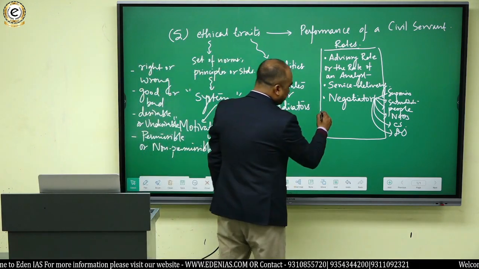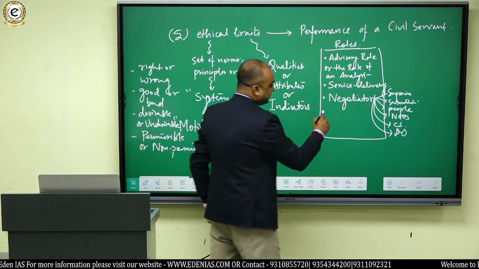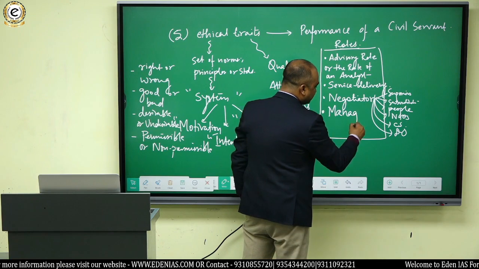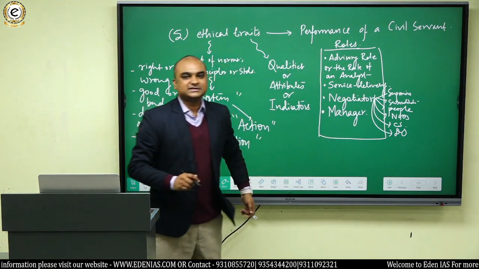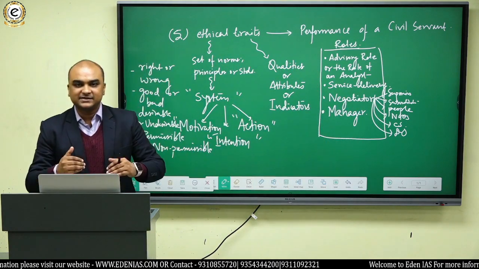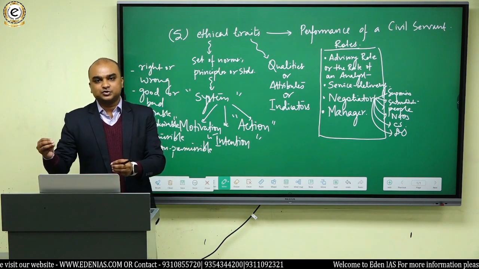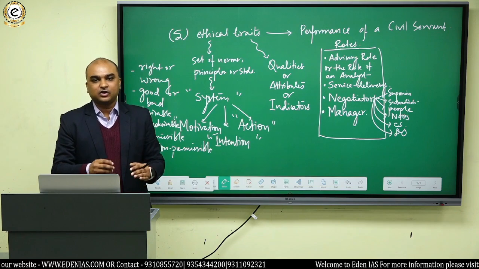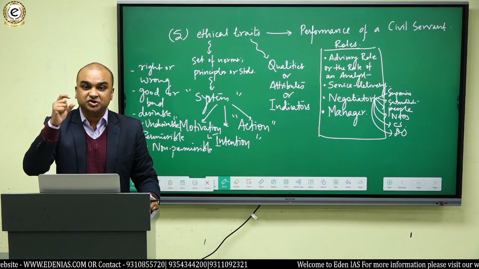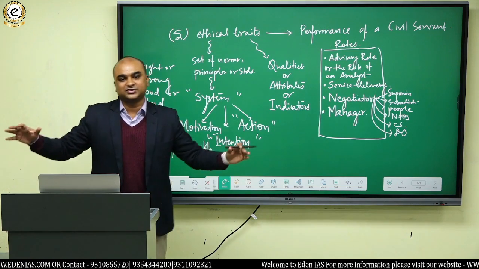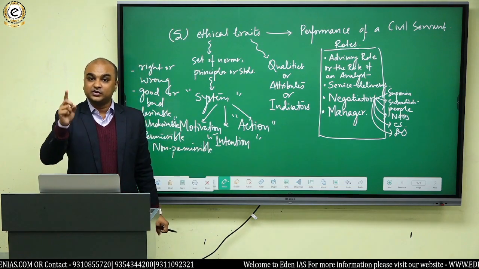The fourth important role of a civil servant is that the civil servant should be a good manager. You know that civil servants have at their disposal huge resources. Also, time management is very important, because if you want to build an efficient bureaucracy, you have to optimally utilize all the resources in your hand, including time.